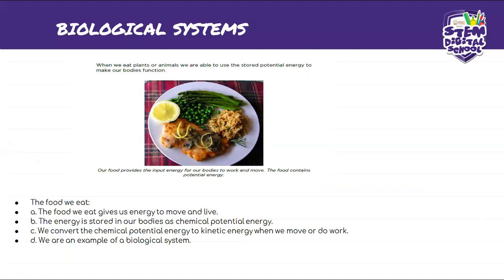The food we eat gives us energy to move and live. The energy is stored in our bodies as chemical potential energy. We convert the chemical potential energy to kinetic energy when we move or do work. We are an example of what? Biological systems. So as I said at the introduction stage.